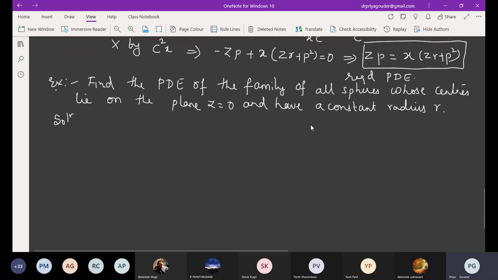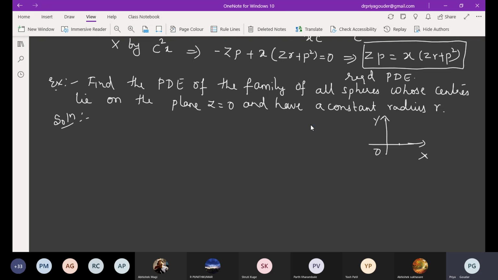So suppose a point is lying on the plane z equal to 0, what can you tell about the coordinates of the point? Are you sure about any one coordinate or two coordinates? To understand this, I will just give you the two-dimensional case, because this is a little higher.